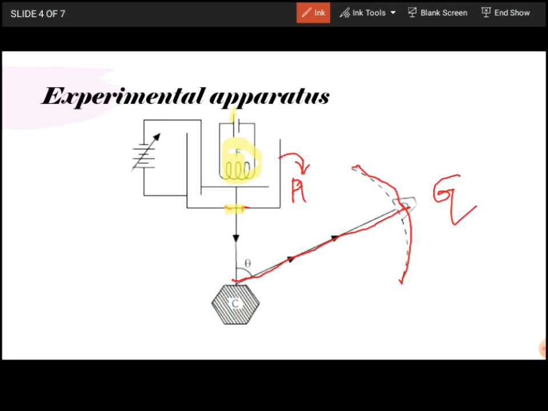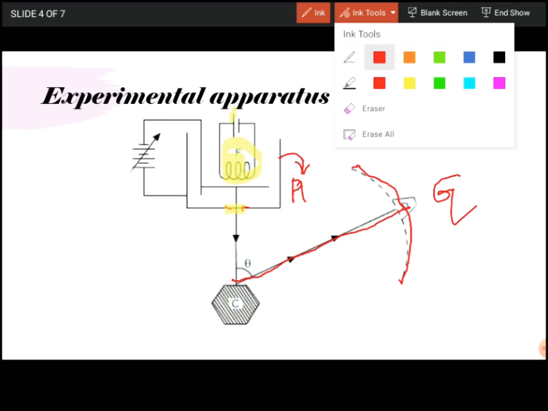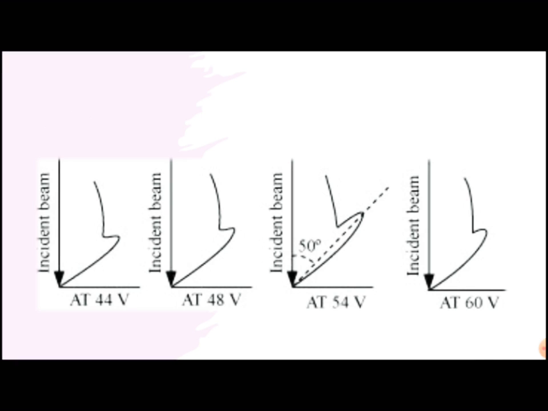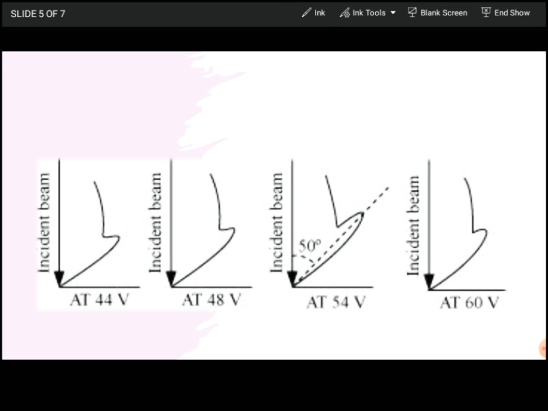Now we will describe the experimental results. This was the experimental result. The result of this measurement, in which the scattered intensity is plotted as a function of the scattering angle in a polar graph, in which the radius vector is proportional to the scattered intensity.